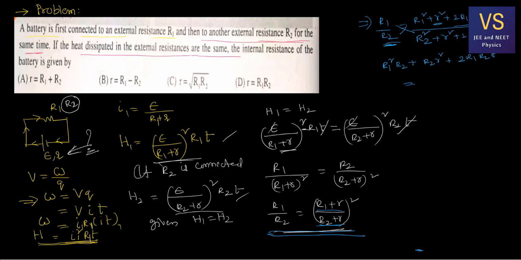Now let's multiply this R1 with each of these terms. What happens? R1 into R2 square. R1 into small r square. R1 into 2 R2 and R. You can see 2 R2 and R, 2 R2 and R same in both the equations. They can be cancelled.